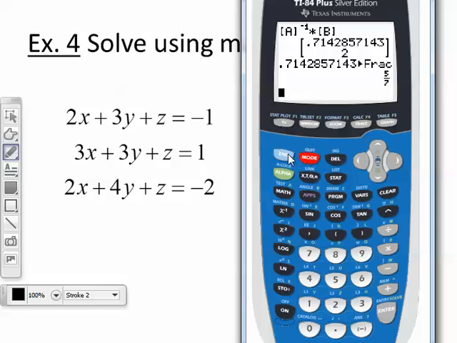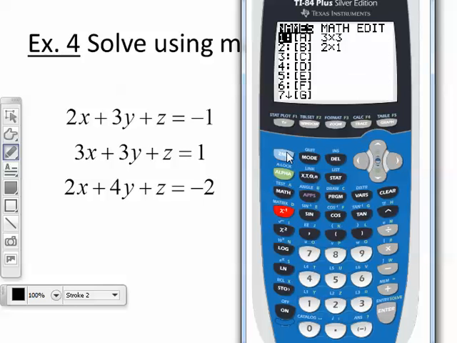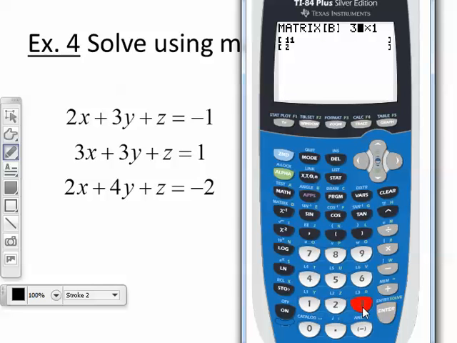Second quit, second matrix. Go over to edit, and we're going to go into B, and we need to make this one a 3 by 1, and my values are -1, 1, and -2.